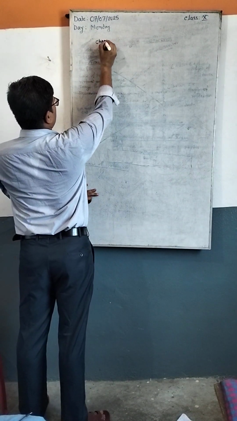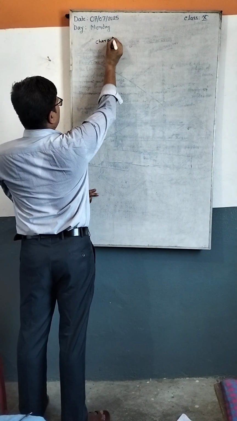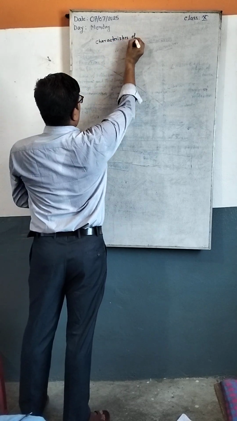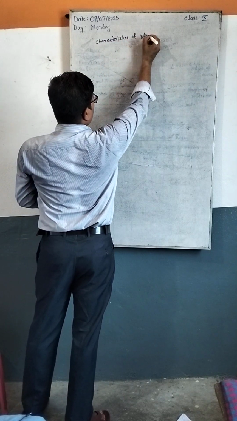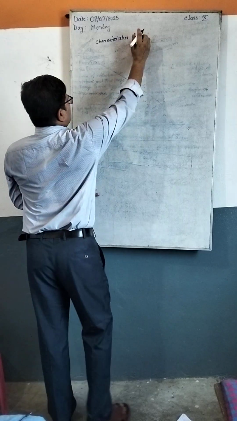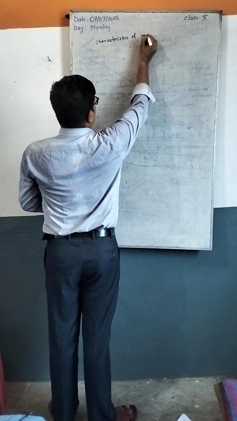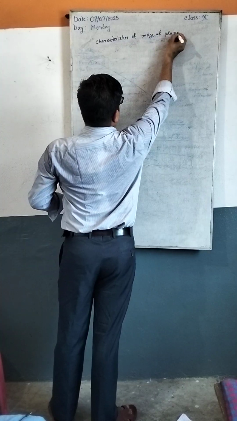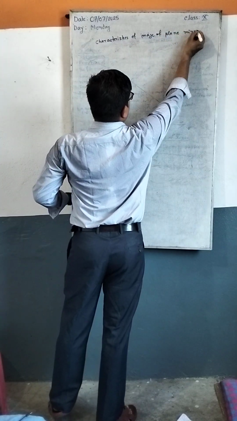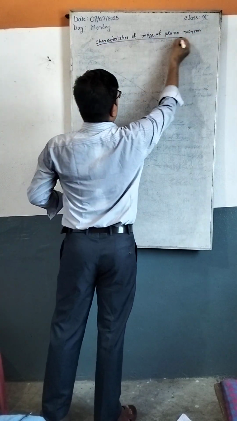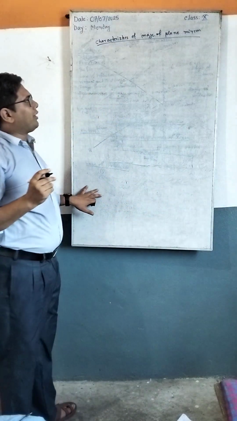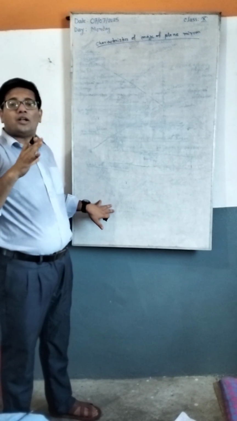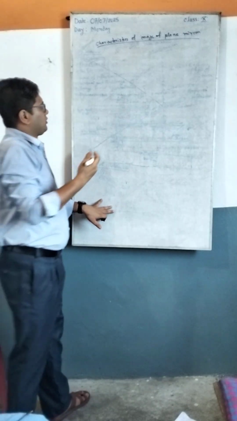Meaning, when an image is formed on a plane mirror, what characteristics does it show?